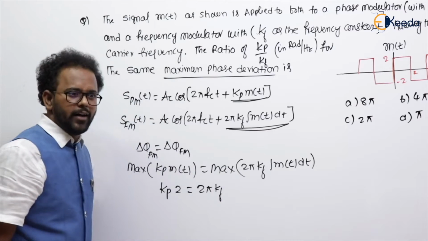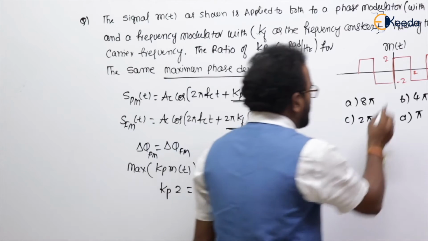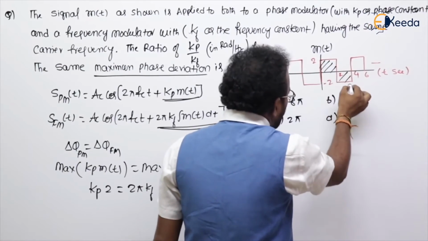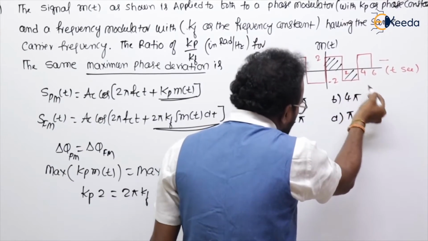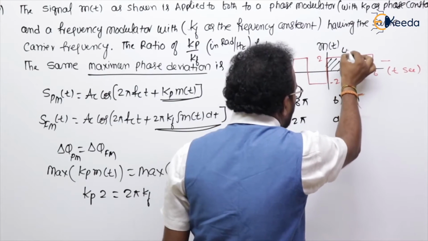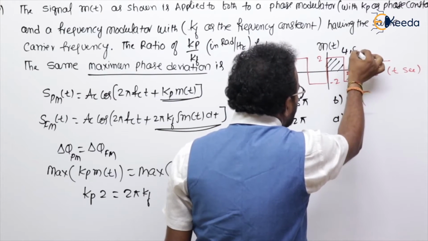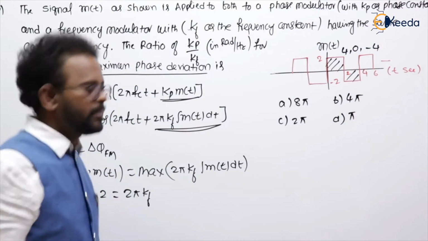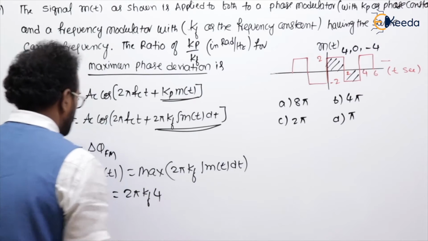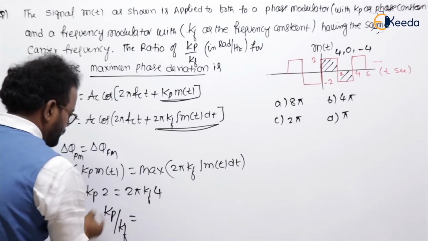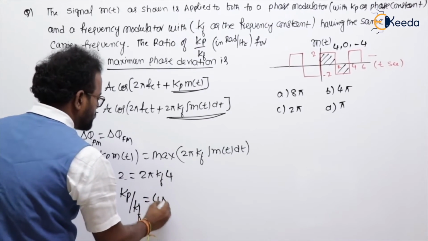Area. If you calculate it as a periodic signal, analysis over one period is sufficient. Over one period, total area is 0. If you take only the positive cycle, 2 2s are 4. Total cycle 0, negative cycle minus 4. Maximum value I need is 4. So finally I want Kp by Kf. The 2s cancel, remaining is 4π.